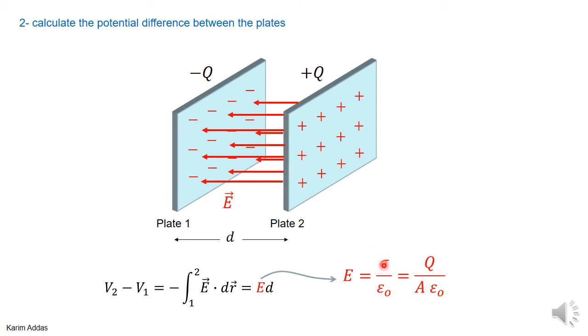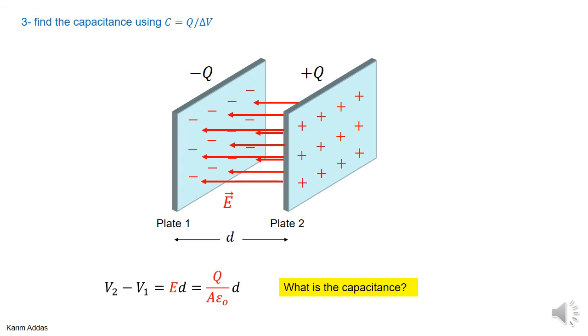Sigma is the charge per unit area, so sigma is Q over the area of the plate, and so we can substitute E as Q over A epsilon naught into this equation, and we get this final relationship, that the potential difference between the plates is related to the charge and these variables also.